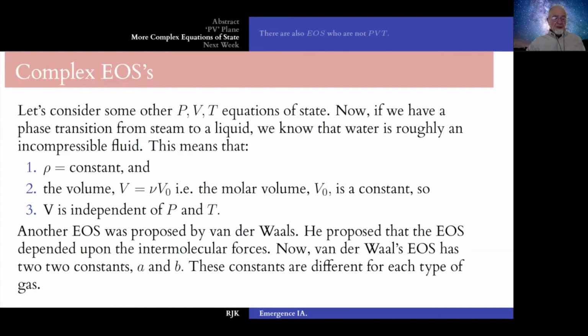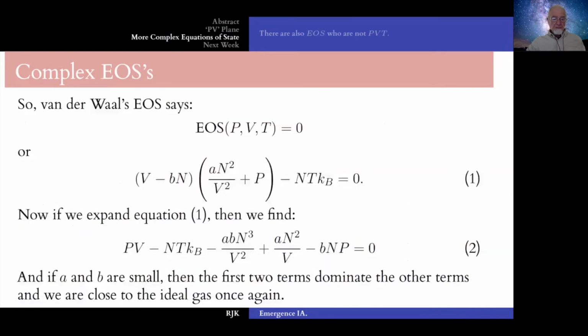Now, another different equation of state for gases, and this is one that's a little bit more complex, was proposed by van der Waals. And he proposed that the equation of state depended on intermolecular forces, and he has two constants, A and B, and those constants are different for each type of gas.